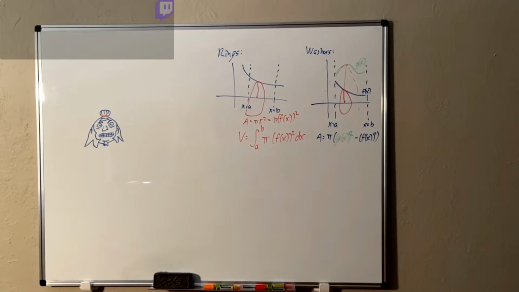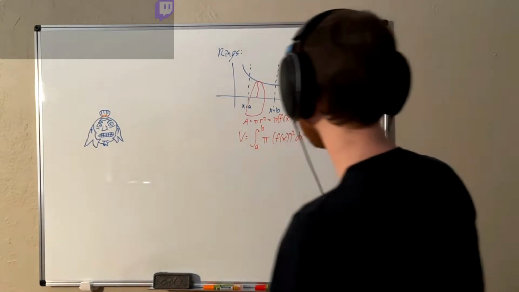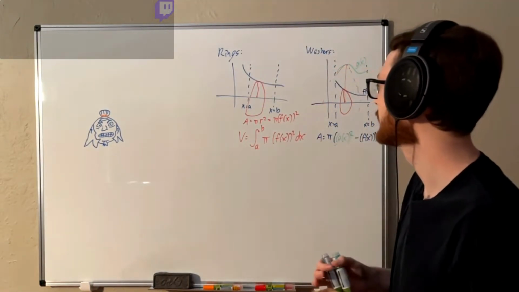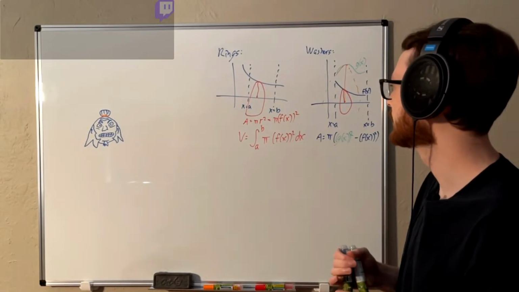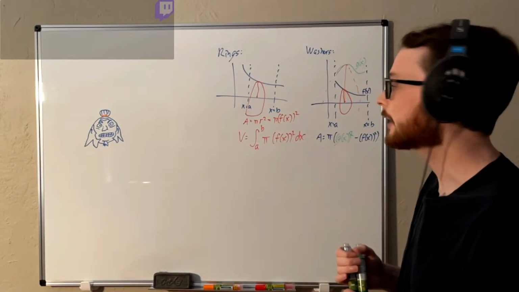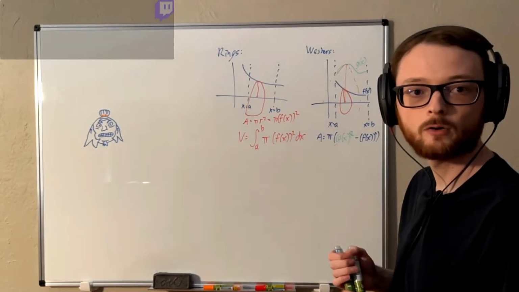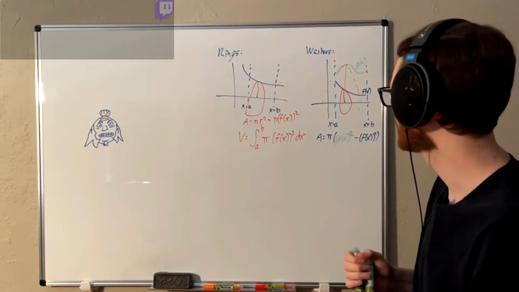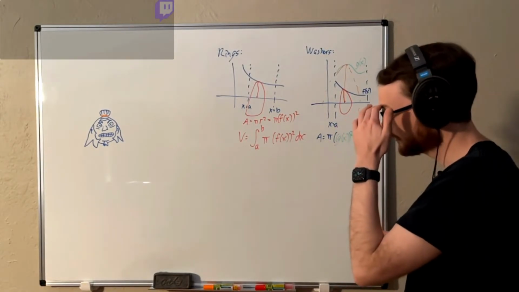Thanks for the follow. The book problem you're struggling with is y equals x squared, x equals y squared, about y equals 1. Okay, so yeah, we can work that out. Are you supposed to use a particular method there, or are you allowed to do whatever? I assume it's going to be a washers one.